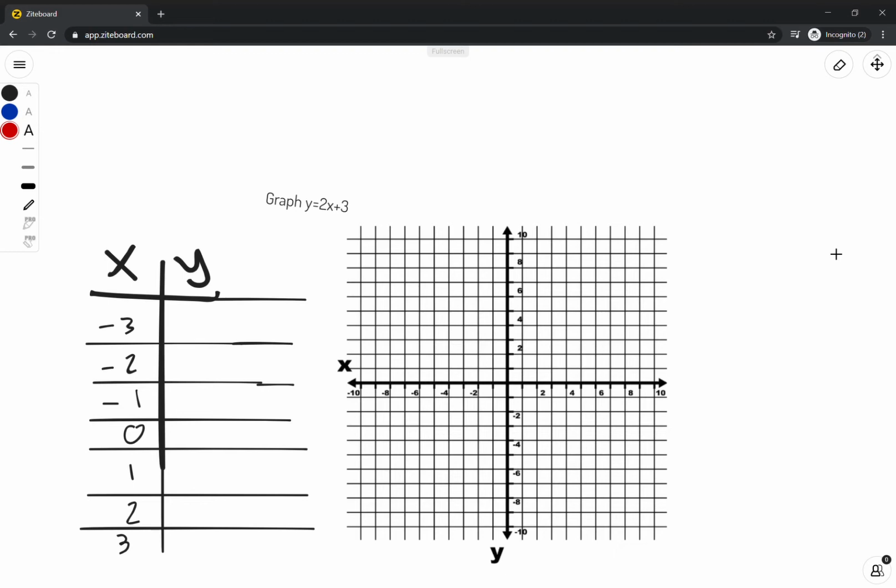The easiest way to look at what the graph of an equation would look like is to plot out some points of the x and y values. You can think of y as depending on x. As x changes, y also changes.